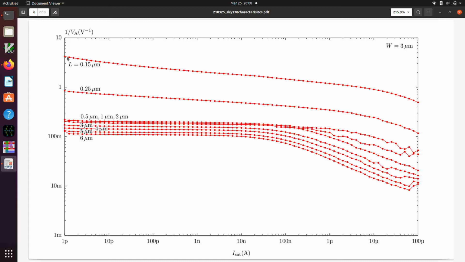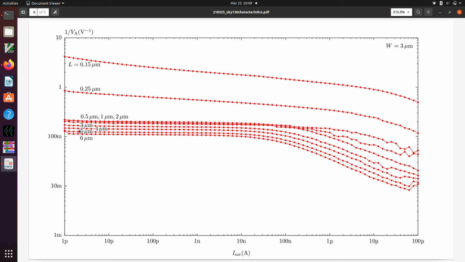That's an enormous increase. But then when you get down to 0.5 microns, the current increases by about 20%, maybe 18% per volt as you increase the drain voltage. And then there's this compression here where it doesn't really get any better at all for 1 micron and then for 2 microns.